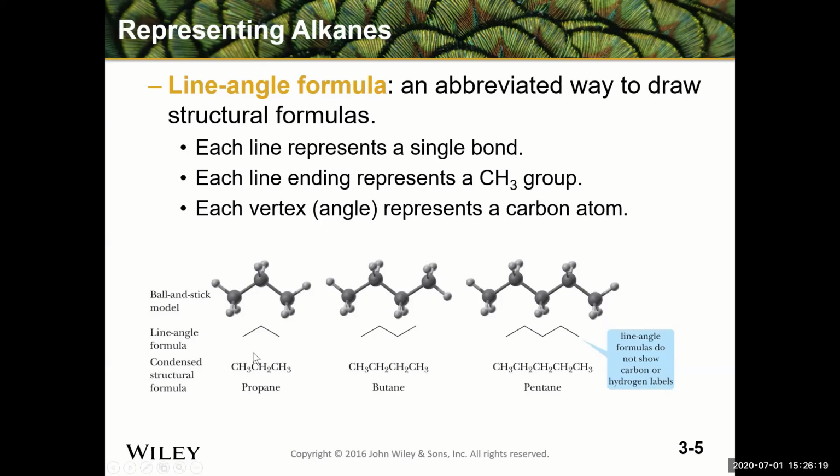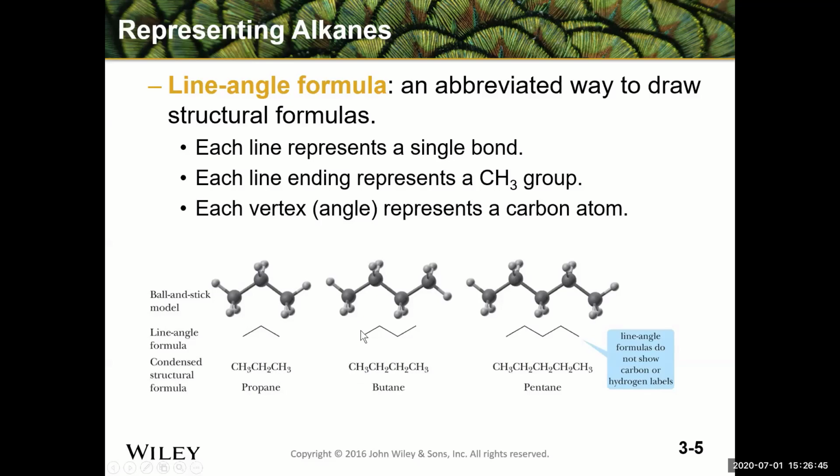You know from the general structure of alkanes that they contain carbon-carbon single bonds and then carbon-hydrogen bonds. So this carbon here is bonded to 3 hydrogen atoms. There's a carbon-carbon single bond between this carbon and this carbon, and then there's another carbon-carbon single bond between this carbon and this carbon.